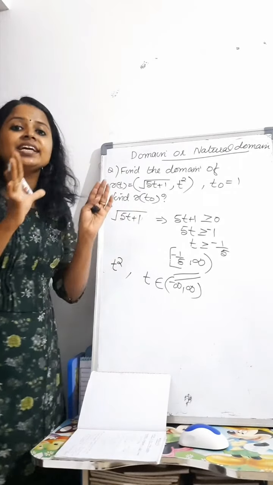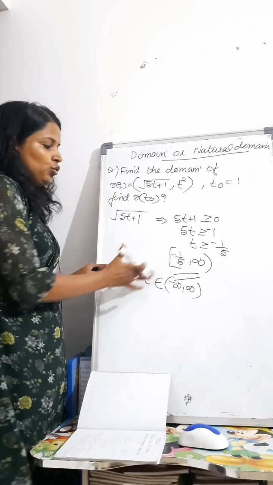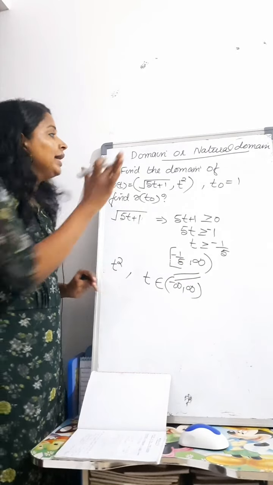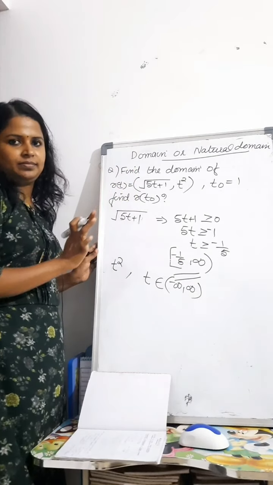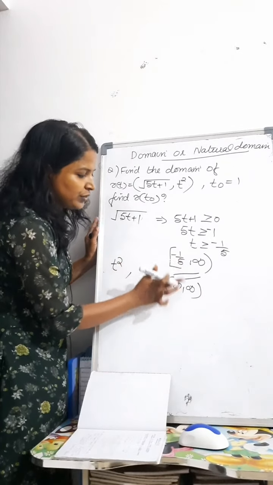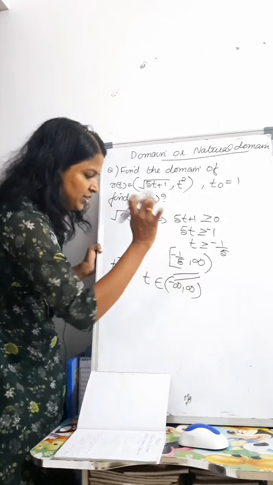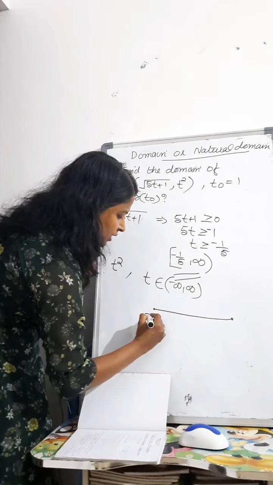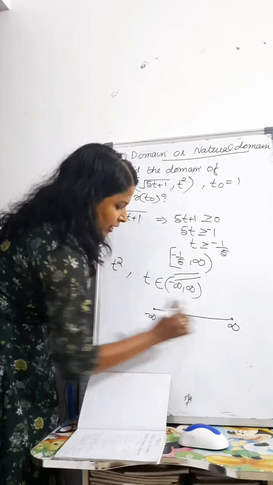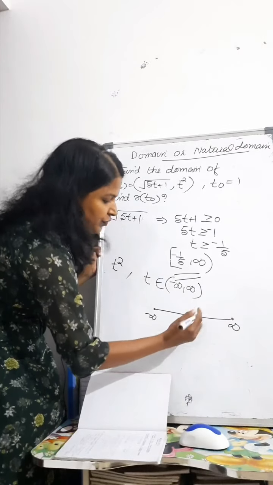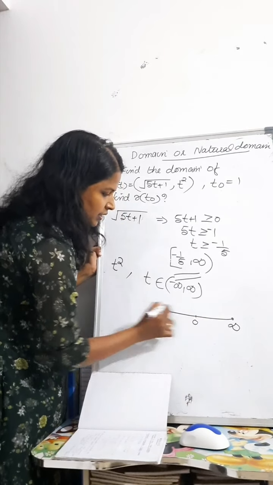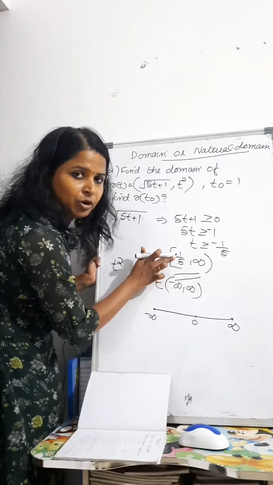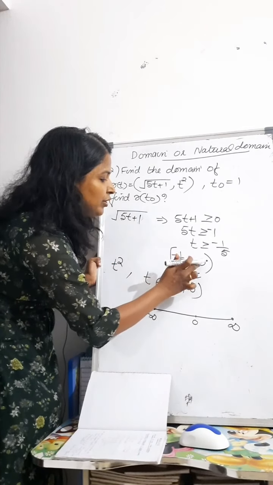The intersection of these two intervals is called the domain of this r of t. Here, minus infinity to plus infinity. Suppose this is minus infinity and this is positive infinity, here 0. This is the interval minus infinity to plus infinity. One more interval is there, minus 1 by 5 to infinity.